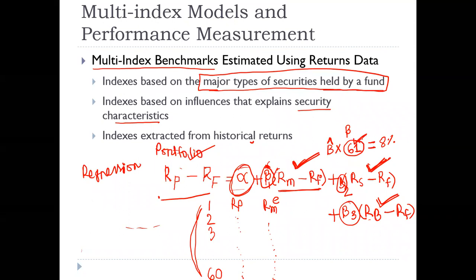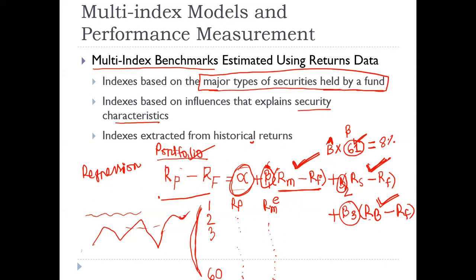So if beta is not stable over time, is it wise to use the portfolio beta from the past and consider it an approximation of the beta that will exist in the 61st month? Because it has been found that beta does not move in this way. Beta moves in this way.